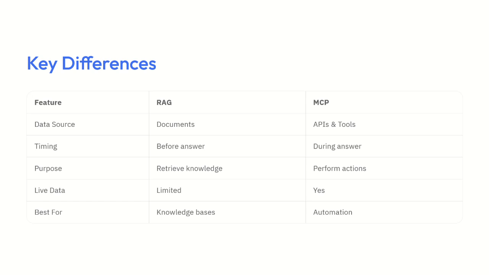Means while generating the response, it is performing the task. If your goal is to build an AI that answers questions from a company's documents, RAG is the right choice. And if your AI needs to interact with live systems, such as booking appointments or checking inventory, MCP is the best option.